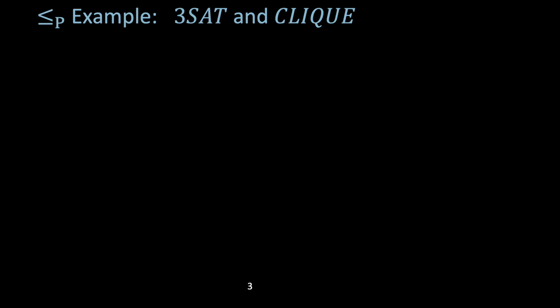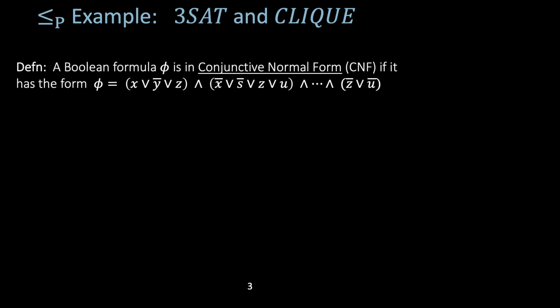The particular example that I'm going to show you is that 3SAT and clique have a reduction. I have to explain, of course, what these problems are. For 3SAT, we talked about SAT, which has a Boolean formula. Now, 3SAT is going to be a formula that is in conjunctive normal form. A formula phi is in conjunctive normal form if it is ORs separated by ANDs.